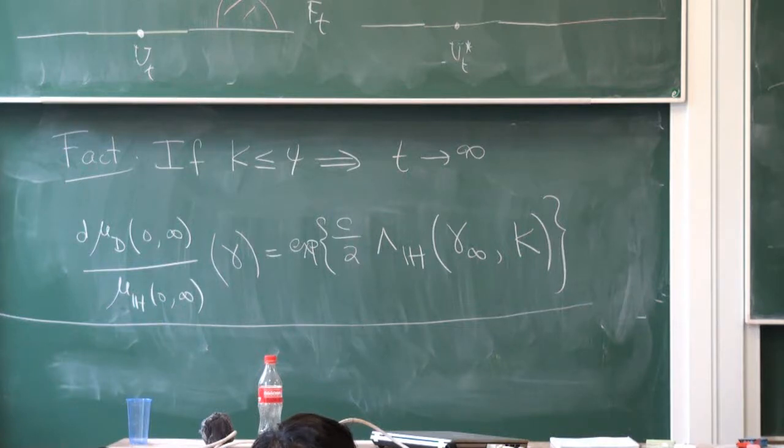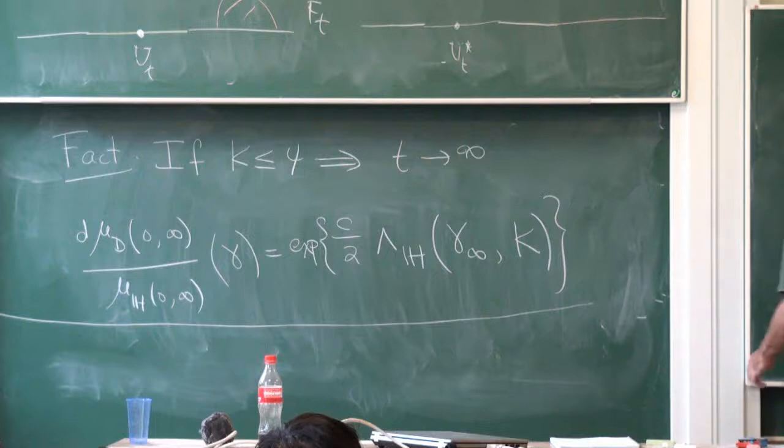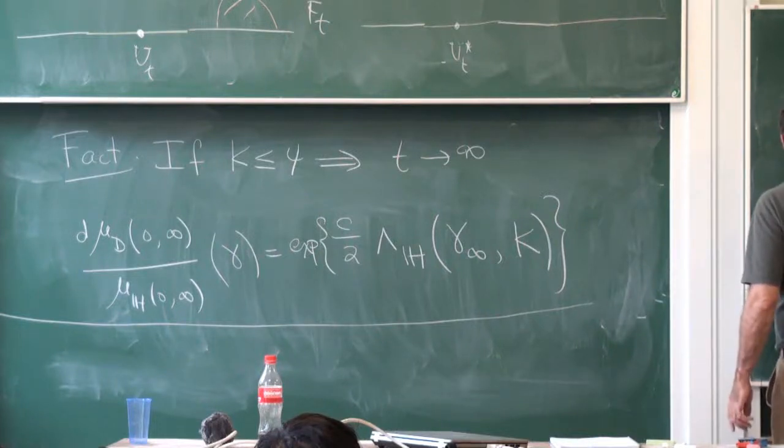So that's the main calculations that are needed. And now the rest that I'm going to say really just follows from that. I'll restrict to kappa less than or equal to 4.